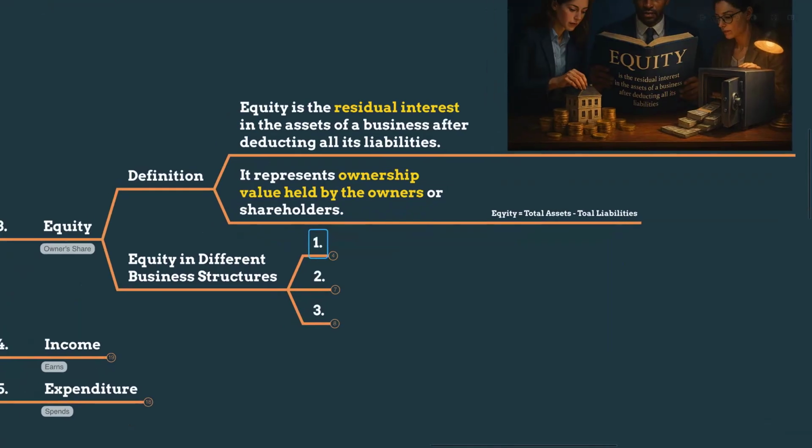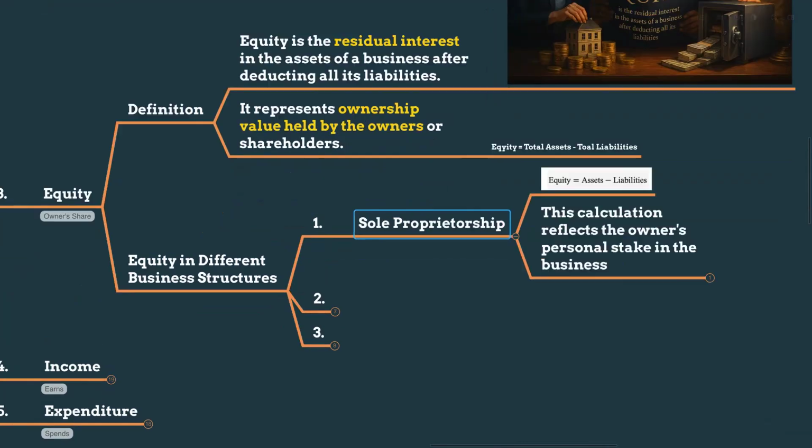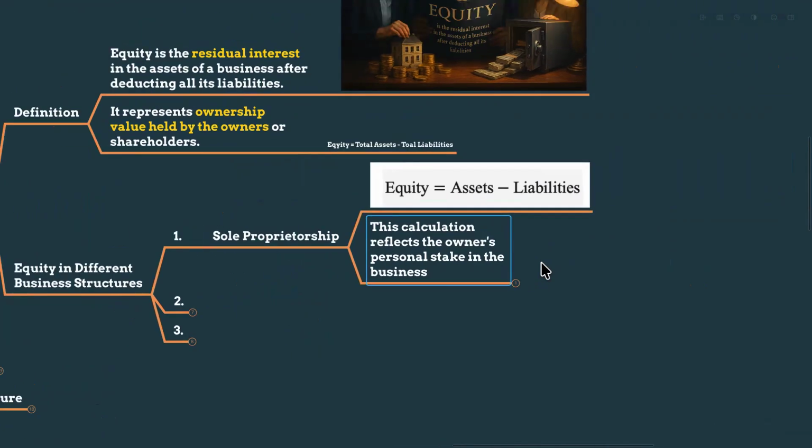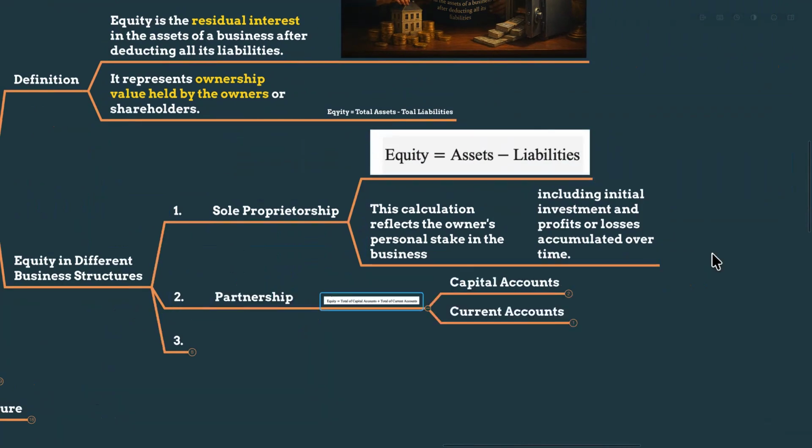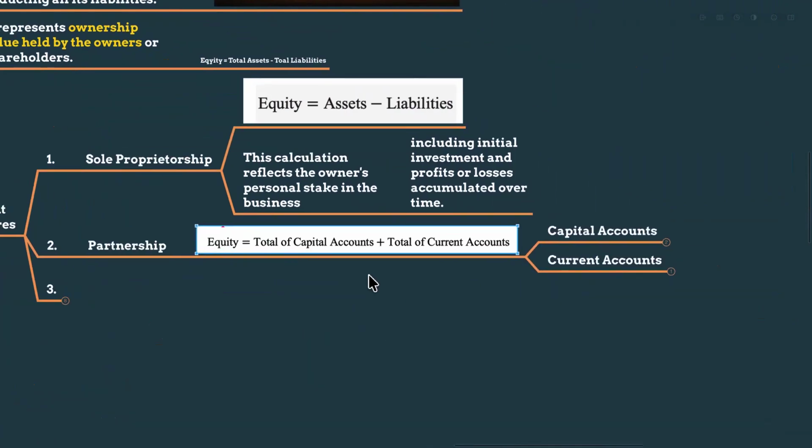So equity in different business structures. In a sole proprietorship, it means only one person is doing everything. You know about sole proprietorship? So this calculation reflects the owner's personal stake in the business. Normally, if we have equity in a sole proprietorship, full assets take away full liabilities will give you the equity simply. But in a partnership, we have two accounts representing the equity. We will study that later, very deeply, in partnership.